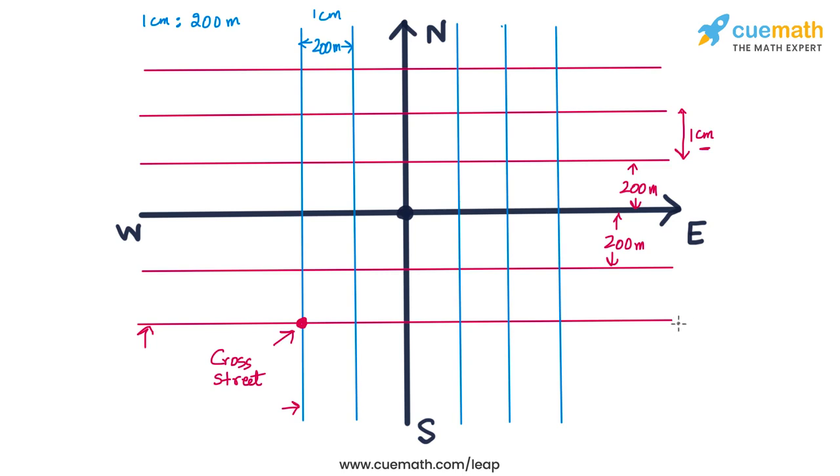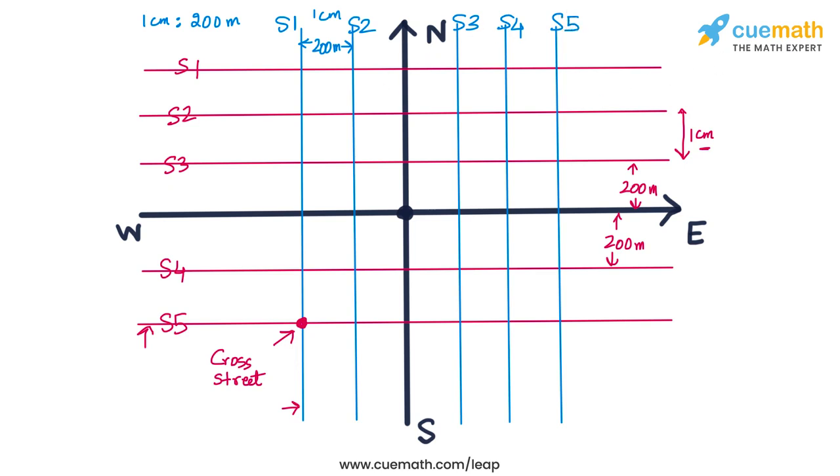Let's call this street 1, street 2, street 3, street 4 and street 5. So these are the 5 east-west streets. And now let's label the north-south streets. Let's call this first street here street 1, street 2, street 3, street 4, and street 5.